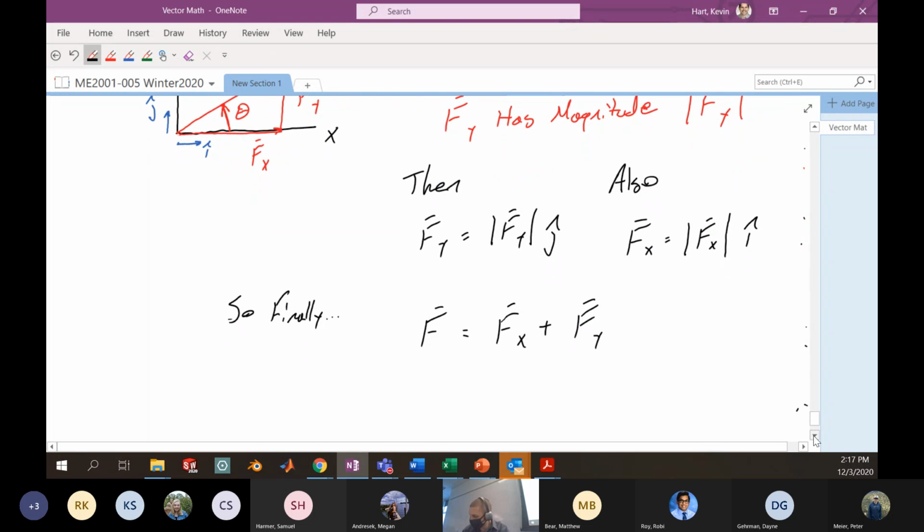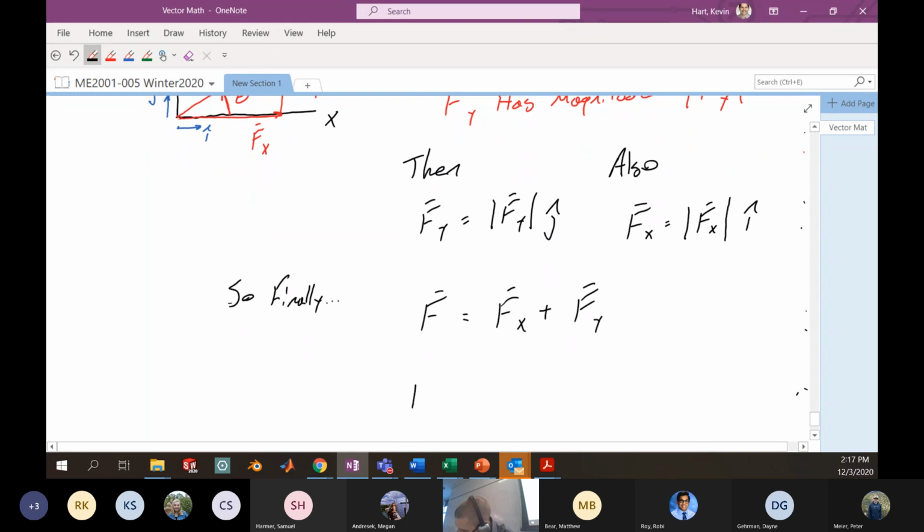Or if we break it down into its unit vector composition, it is the magnitude of the vector fx in the i direction plus the magnitude of the vector fy in the j direction. Okay, and that's all that we're doing here. This would be a full vector format of this particular guy.